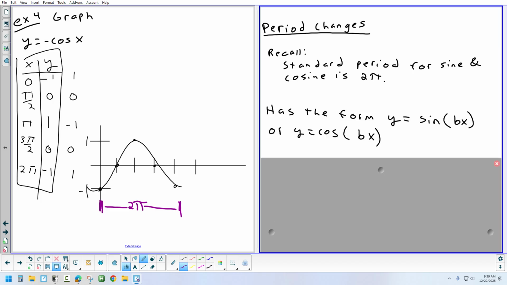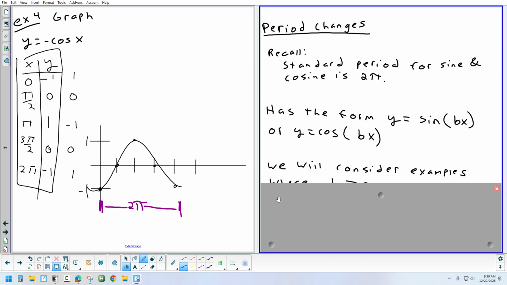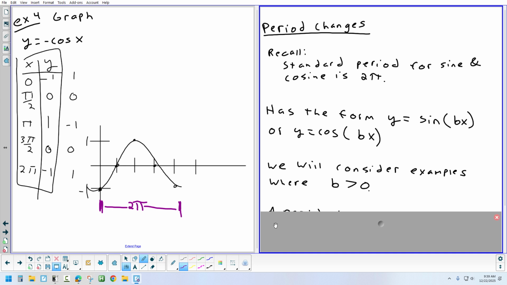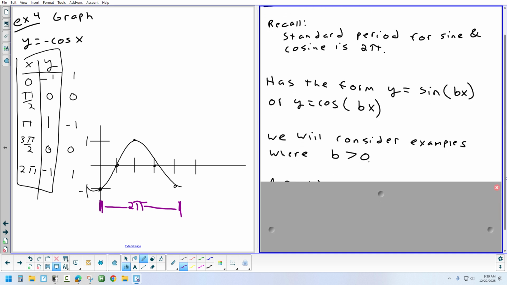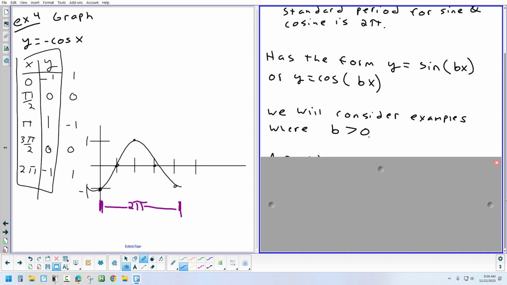So stretching and compressing horizontally, we know that that's multiplication. The difference is it's inside instead of outside. We're only going to be looking at examples where the b is greater than 0. If it was less than 0, we could have a horizontal reflection. But we're just going to be looking when b is greater than 0. What happens if the b value is really big? Let's say b was 5.